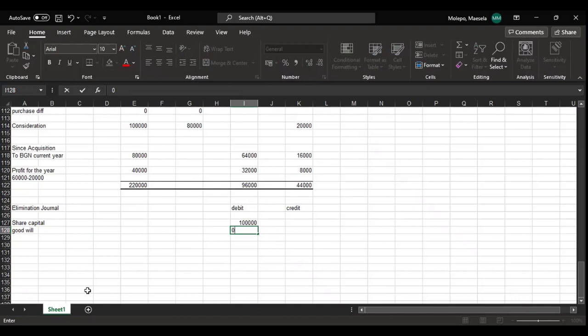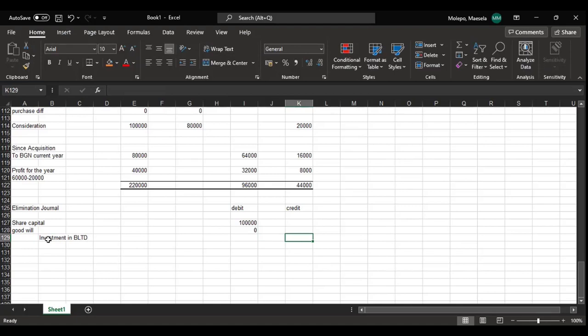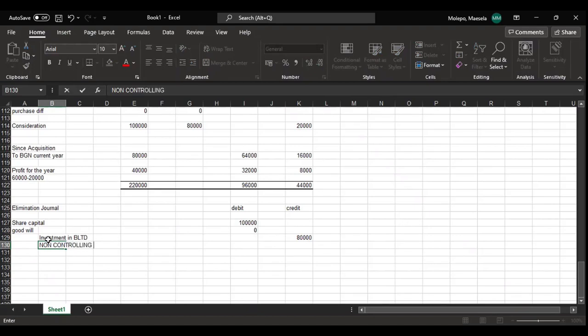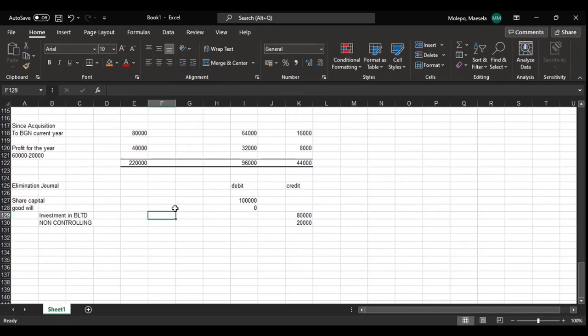Then investment in B Ltd is 80. Then the non-controlling interest is 20,000. The narration is elimination of opening equity.